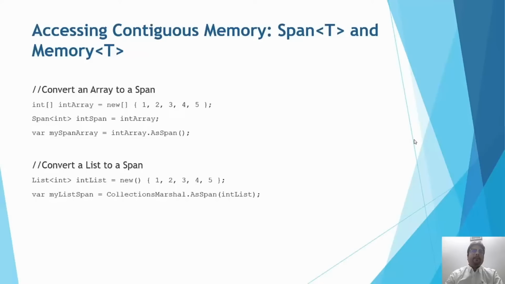The moment you convert this to a span, whatever you do with it, there will be absolutely no allocation happening, because your span or read-only span instances are created on the stack.